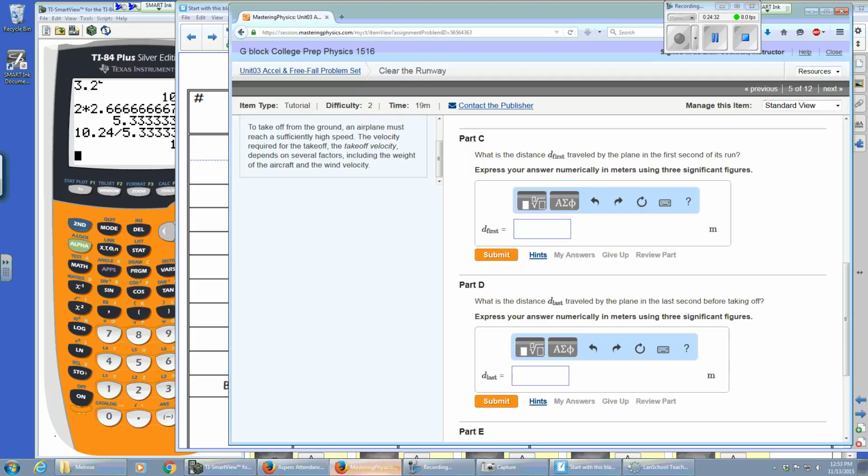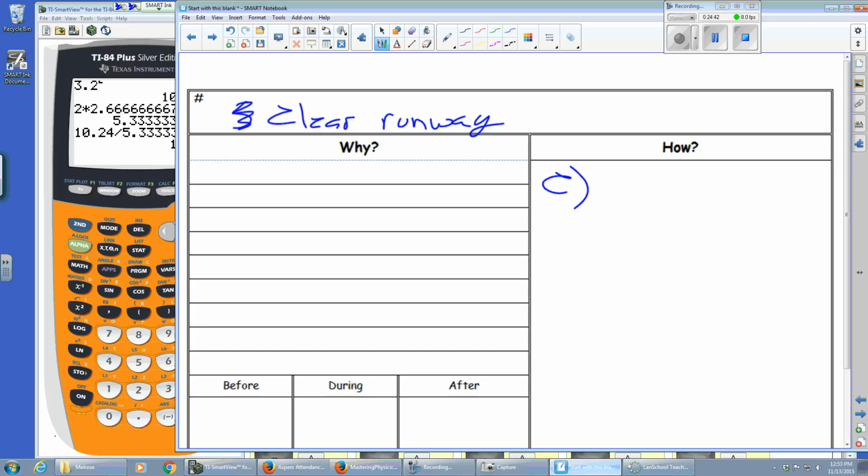So, what is the distance first traveled by the plane in the first second of its run? Okay. So, in the first second of its run, I'm going to use d equals d naught plus v initial delta t plus 1/2 a delta t squared.